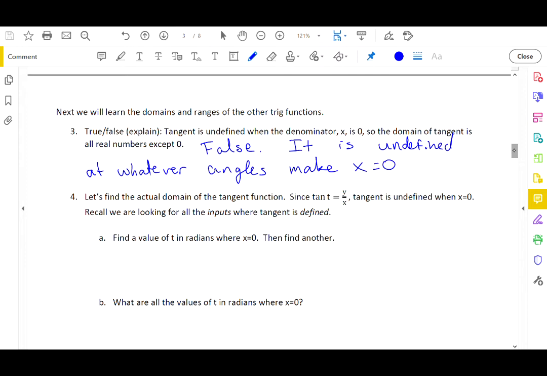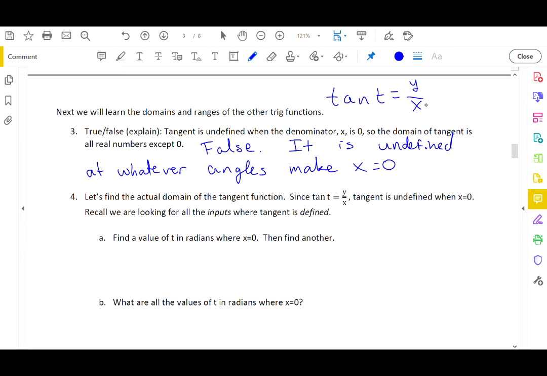True or false, tangent is undefined when the denominator x is 0. So the domain of tangent is all real numbers except 0. I'm going to write up here tangent of t equals y over x. We know that tangent is undefined when that x is 0.